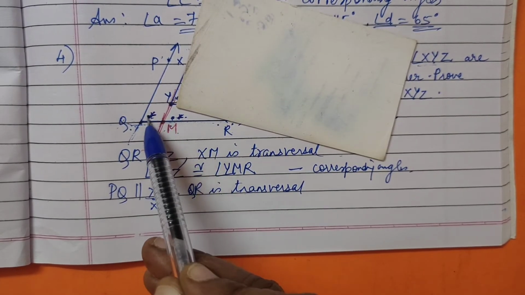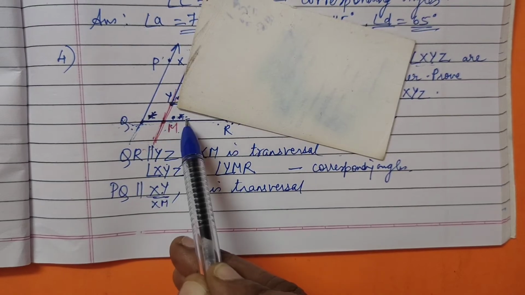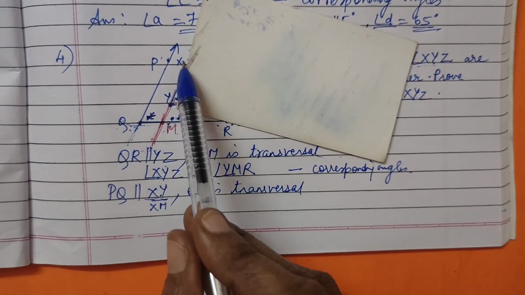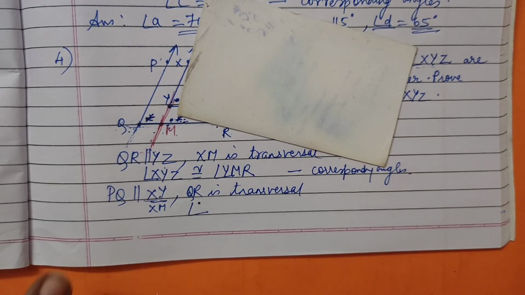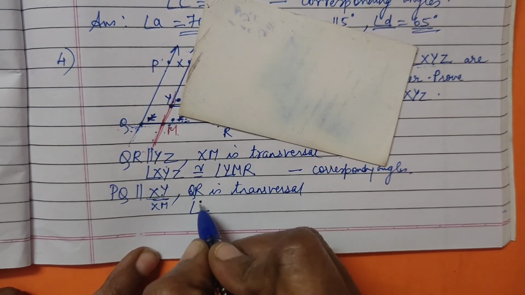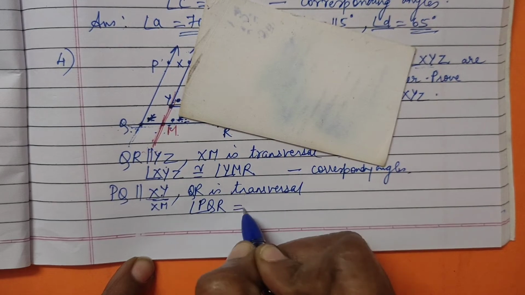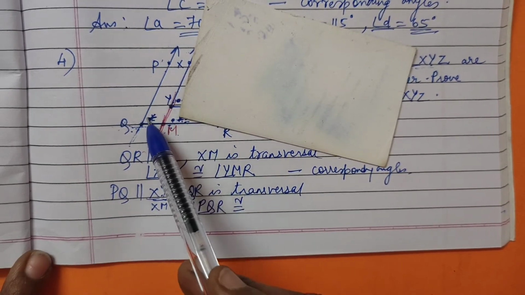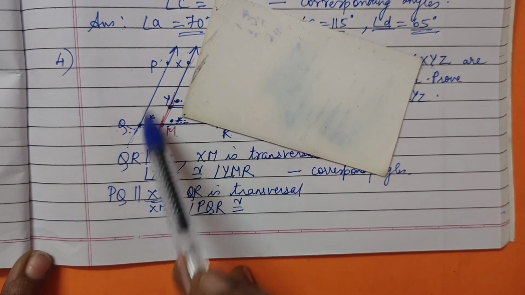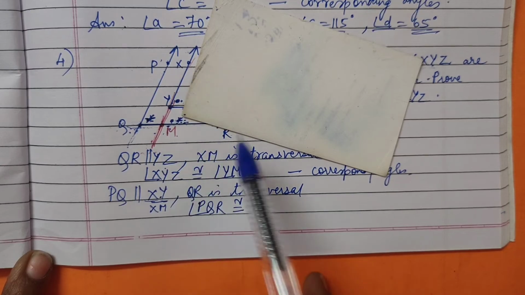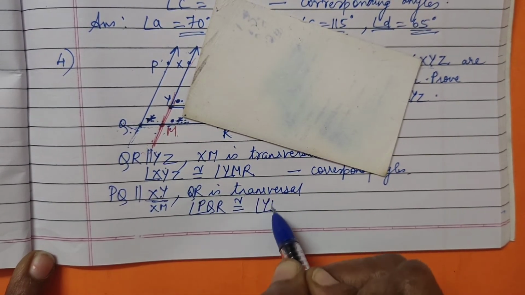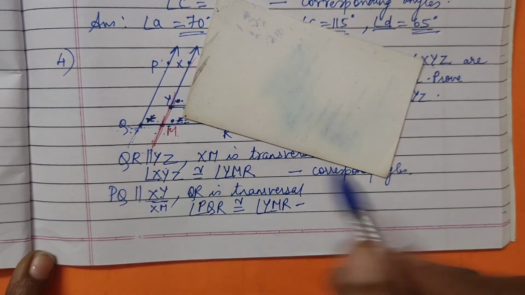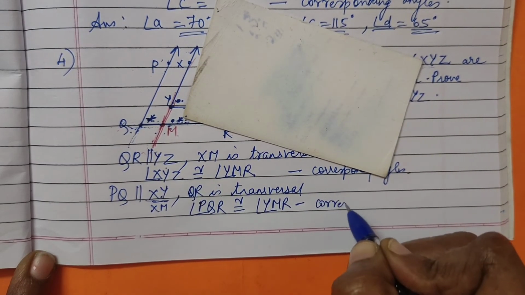Are these corresponding angles or not? PQR is congruent to XMR, or YMR, you can say either way. So these are also corresponding angles here.